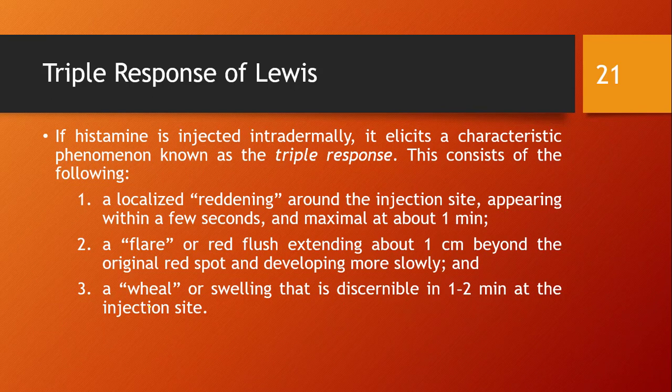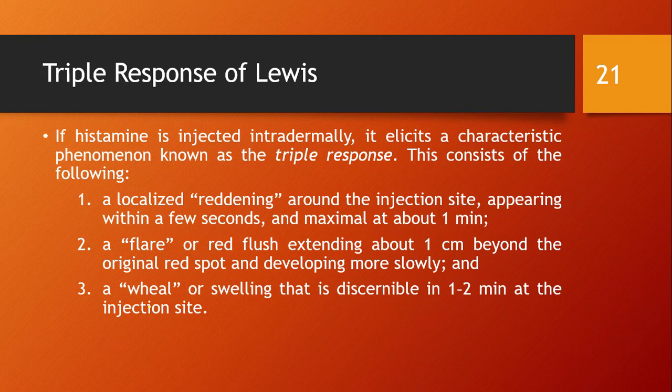Why does this happen? If you poke your forearm with a sharp pointy thing, then the histamine which is released over there will produce a characteristic response, and this response is called the triple response of Lewis.